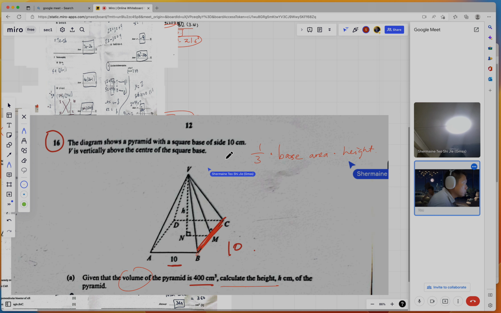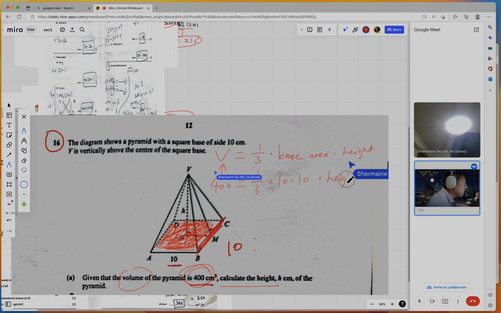In this case, they ask you to calculate the height. They give you the volume. So you write down the formula first. The volume is 400, so you put 400 for the volume. Equal to 1/3 times the base area. What is the base area? 10 times 10, very good, 100.